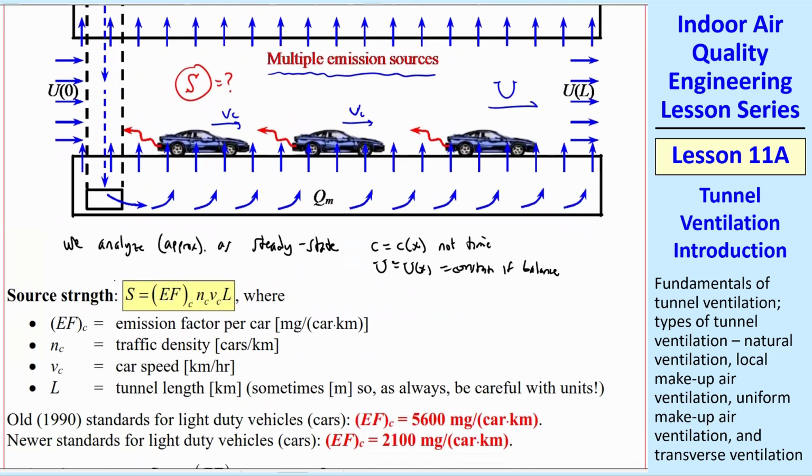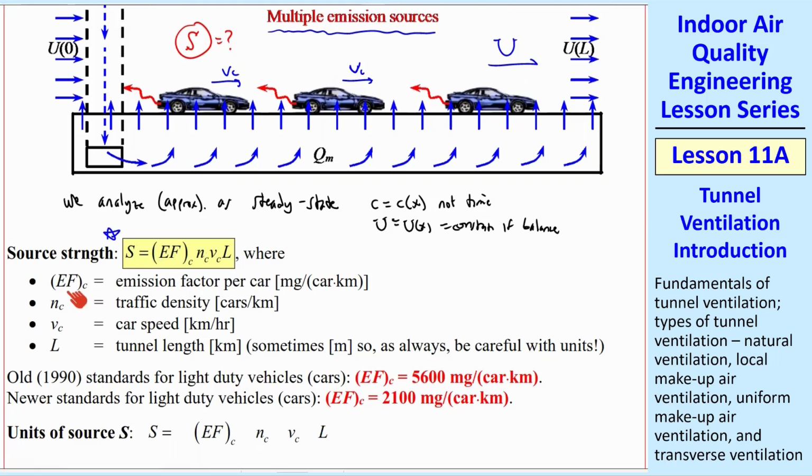We're going to use this equation, S equals EFC times NC times VC times L. EFC is the emission factor per car, milligram per car per kilometer. You can look that up in our tables. Recall that for EFs, the denominator is anything appropriate. Here, the denominator is per car per kilometer, milligrams of CO or whatever contaminant per car per kilometer.